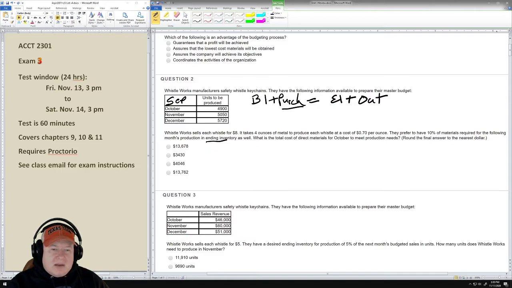So that would be 10% of 4,900, and that would be 490 units.